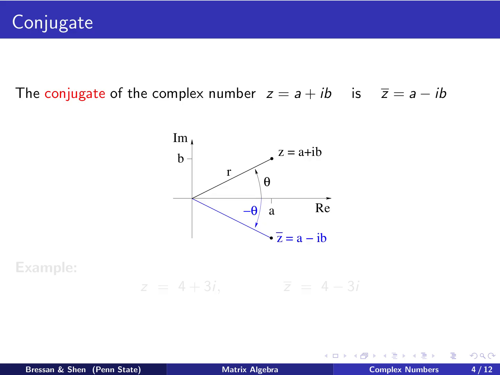In the polar coordinate system, if z is here, then the conjugate of z is the point symmetric to z about the real axis. Instead of rotating the angle up, you rotate the same angle down, and you will find the conjugate of z. An obvious example: if z is 4 plus 3i, then the conjugate of z is 4 minus 3i.